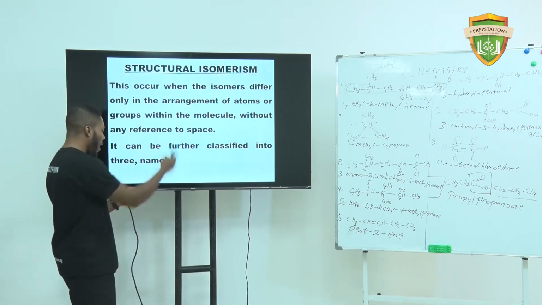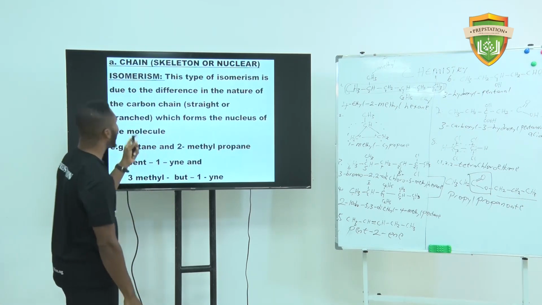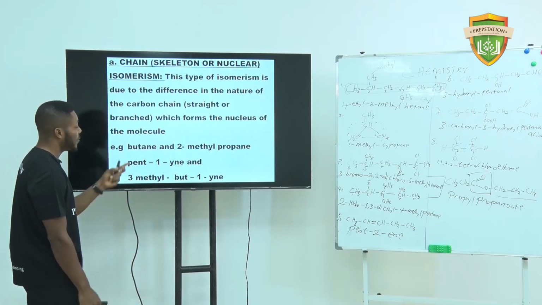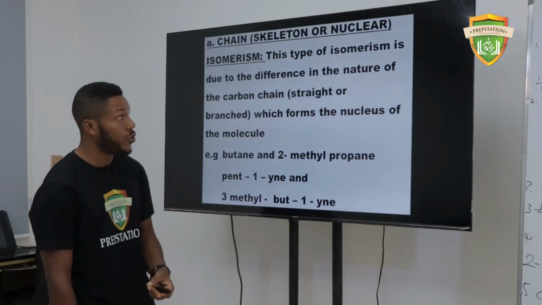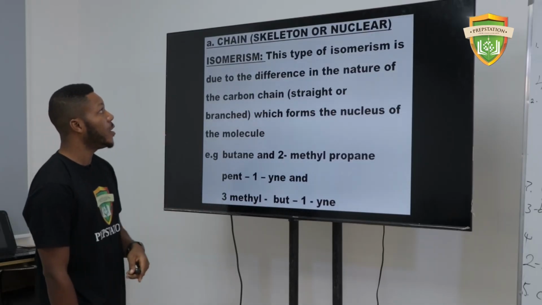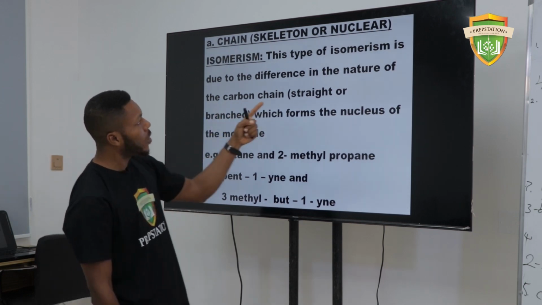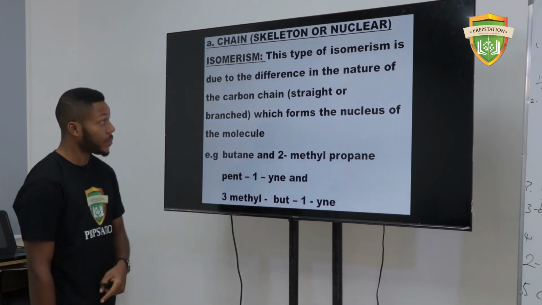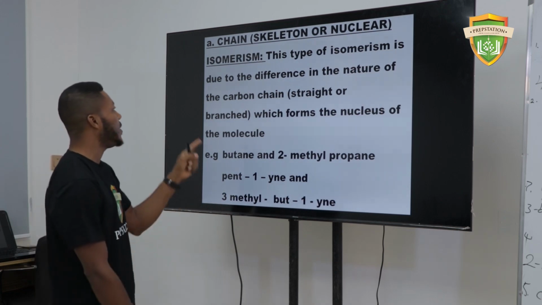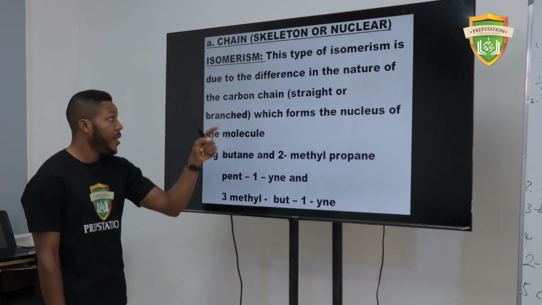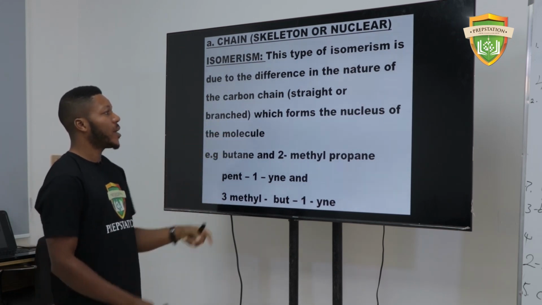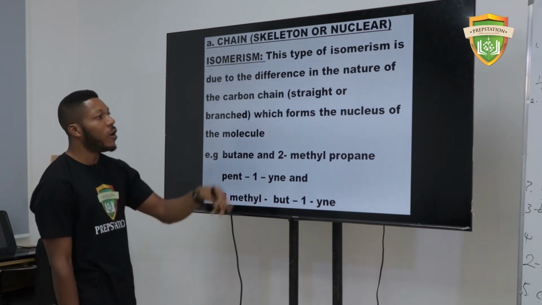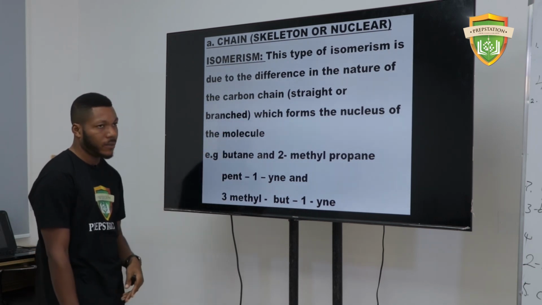It can be further classified into 3. So under structural, we have 3: first one is chain, we have the positional, and we have the functional. Let's start with the first one, the chain, also known as skeleton or nuclear isomerism. This type of isomerism is due to a difference in the nature of the carbon atoms, whether straight or branched, which form the nucleus of the molecule.